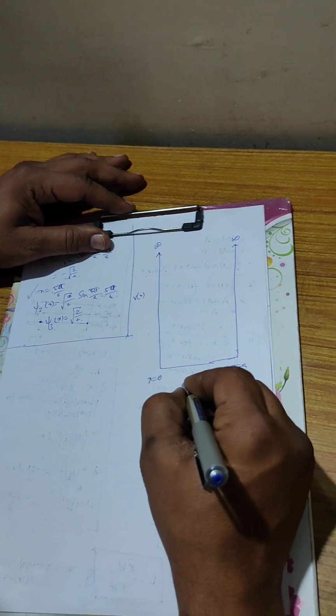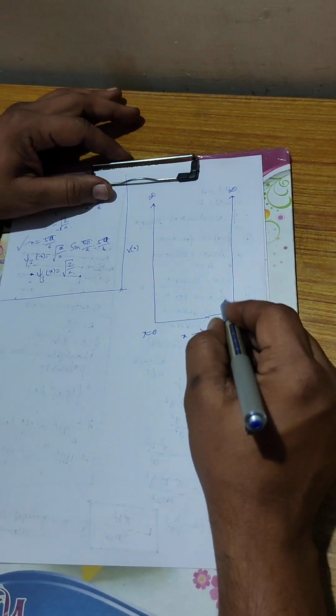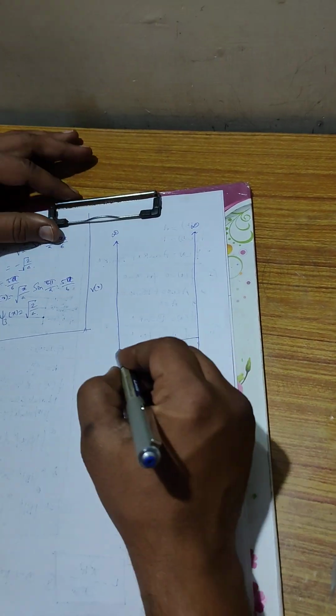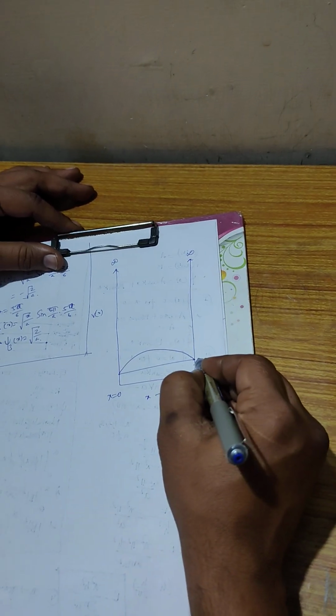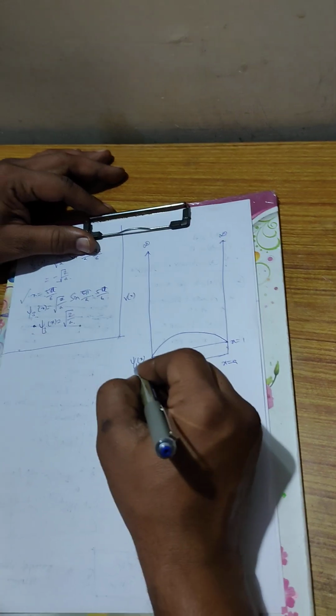Now if the particle is confined to move along the x direction in the well, the corresponding probability densities of locating the electron in various energy states can be represented like this. This is for the ground state, that is n equal to 1, and the wave function is psi 1 of x.